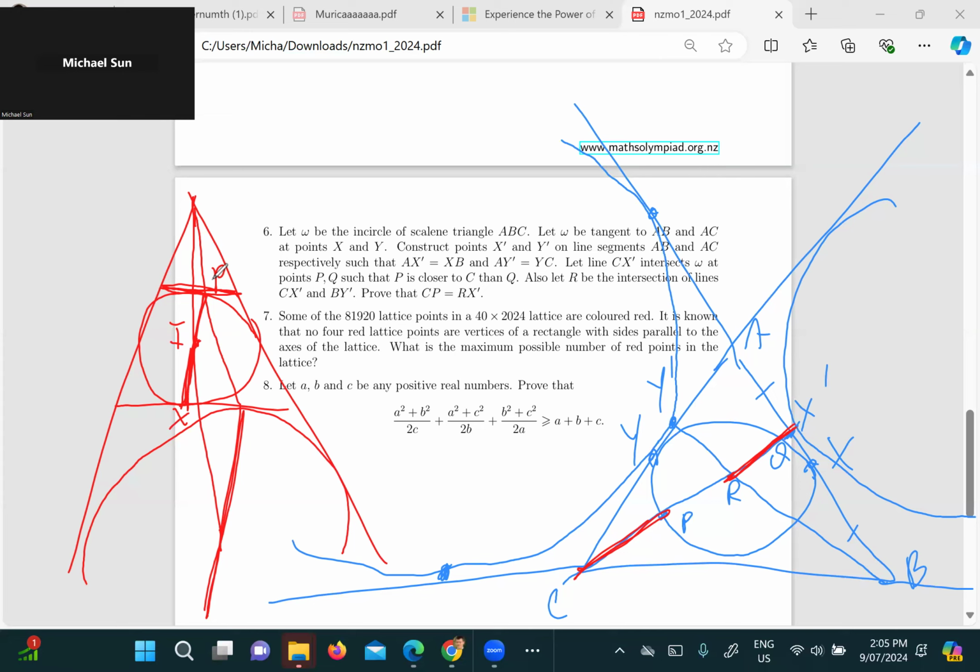Then we can just find the perpendicular line at X. Oh, you mean the equation of the line? Yeah. There are some things we should be able to do anyway. Like, how do we get the Cevians? How do we get CX', BY'? How do we do these things?